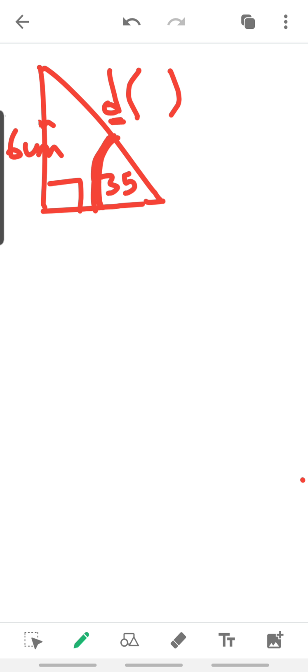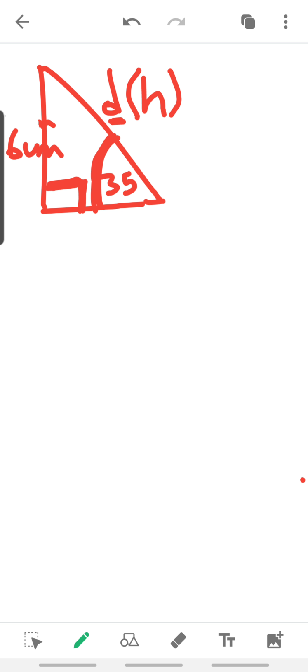Because we know that the hypotenuse is the longest side, the side that is directly across from the right angle, we can identify that D is our hypotenuse, okay? I'm putting an H for hypotenuse because it's directly opposite our right angle, which is here.